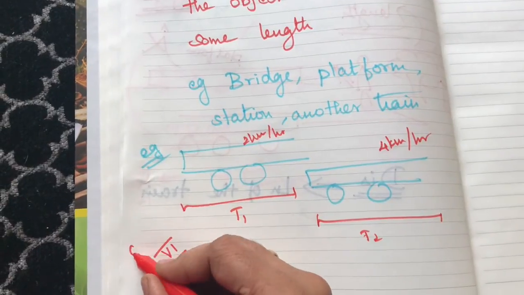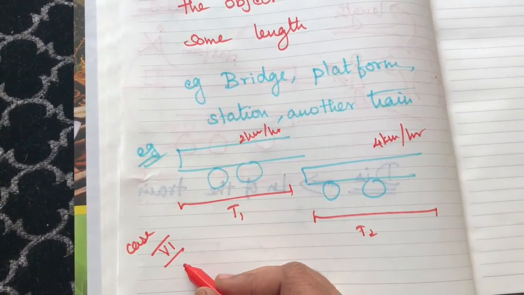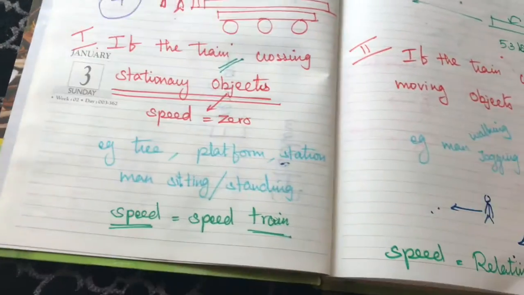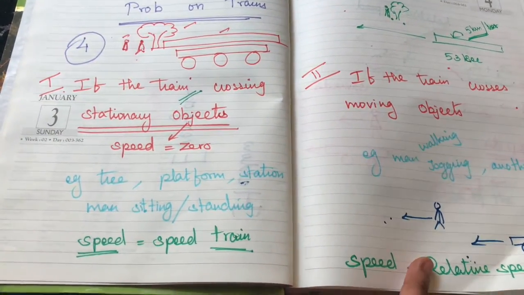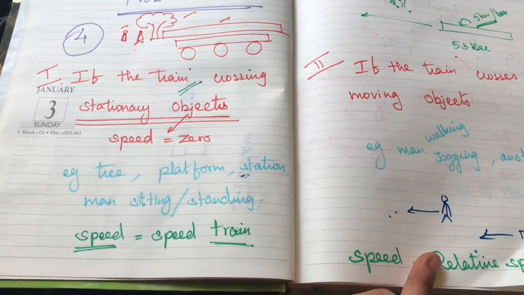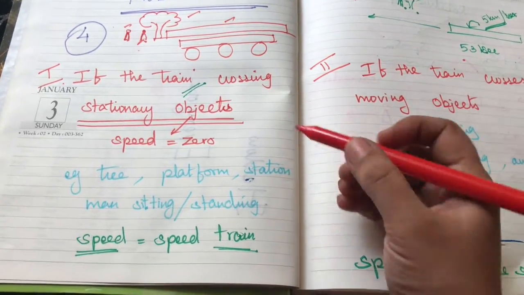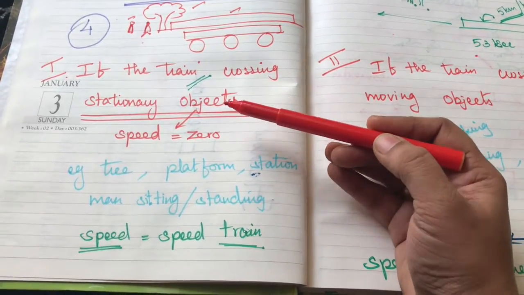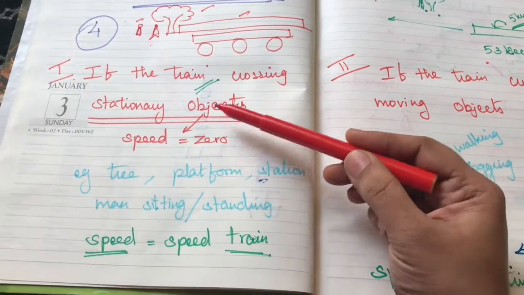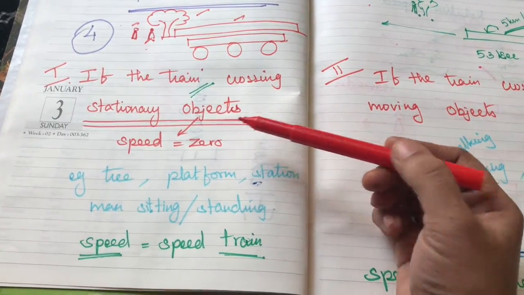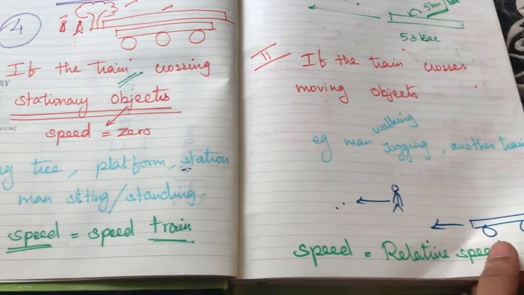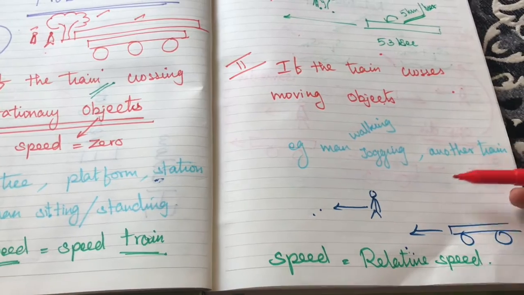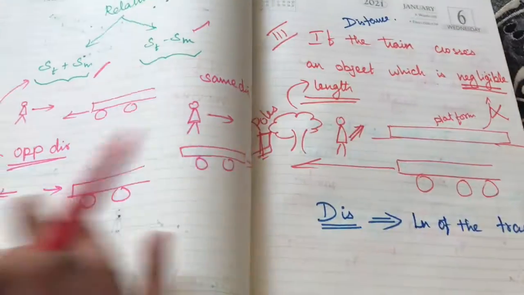So we need to take case 4 and then see in these two cases which case will come under two trains. This case is not, because the object should have zero speed, right? But here the two trains have speed. So train number 1 and train number 2.